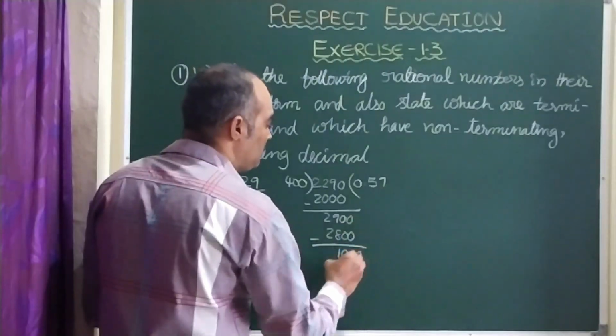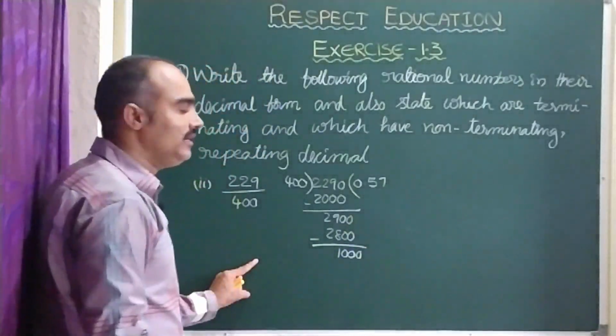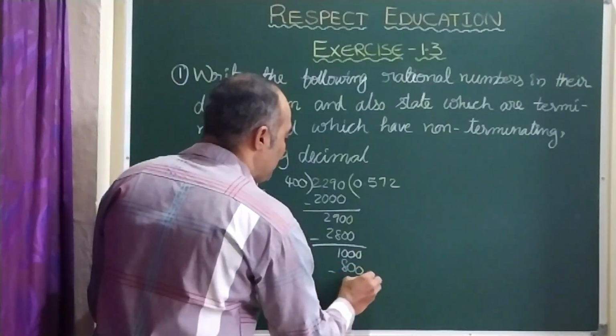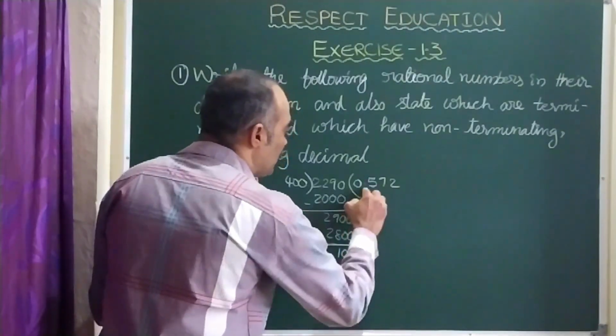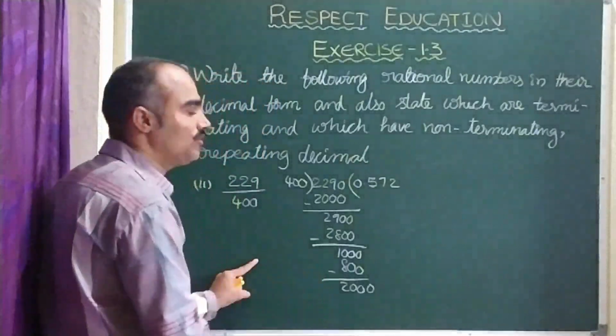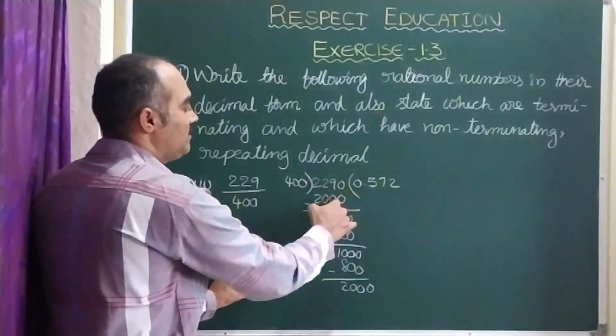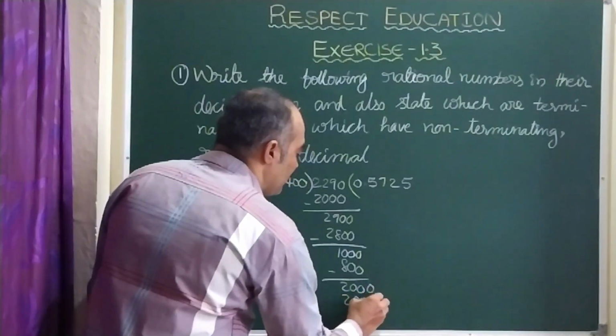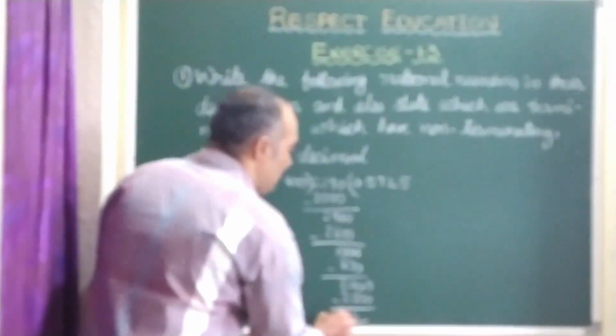Because of this, 0 comes. Again 400 2s are 800. When you subtract, 200 comes, because of the decimal again 0 comes. So it is 2000. As you know, 400 5s are 2000. So it is 5 times, it is 2000. When you subtract, it gets 0. Again the remainder is 0.